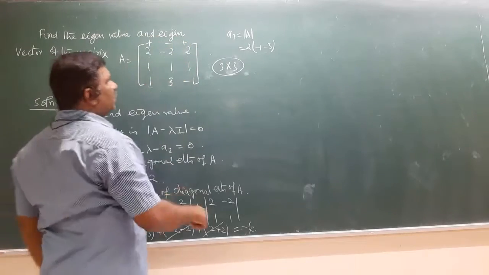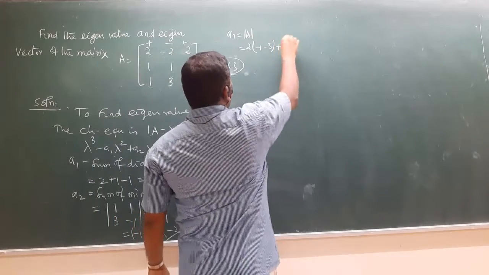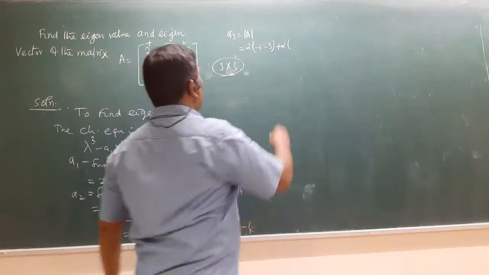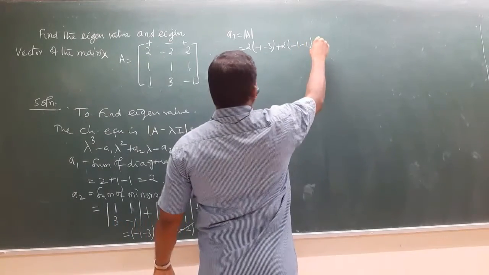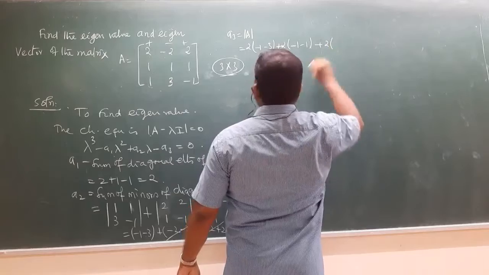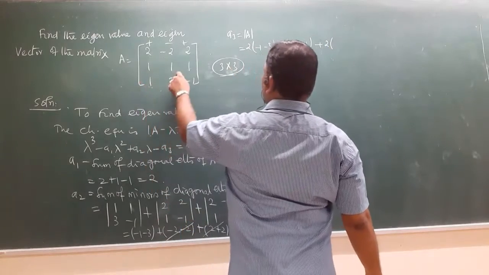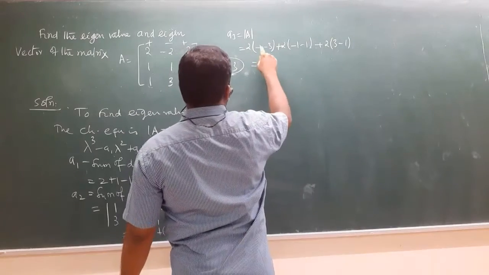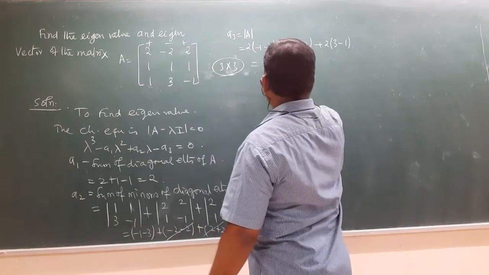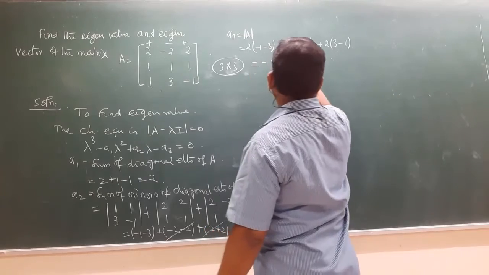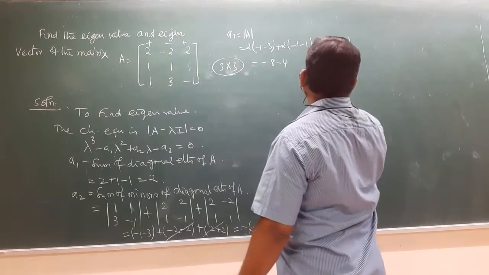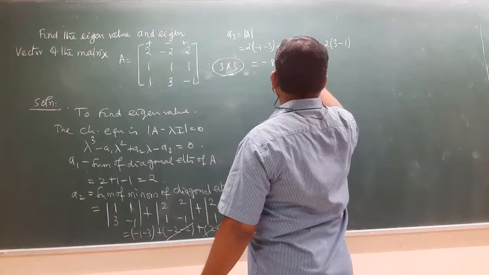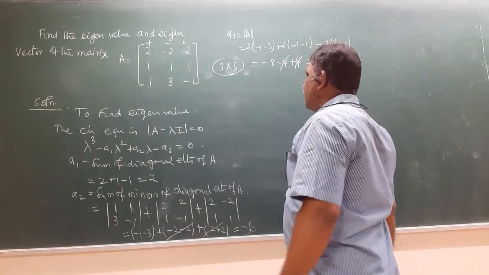So minus minus plus 2, plus 2 into minus 1 minus 1, plus 2 into the last one, 3 minus 1. So that is equal to 2 into minus 4, minus 8, minus 2 plus 2 minus 4. 3 minus 1 is 2, 2 into plus 4. So the 4 gets cancelled, minus 8.